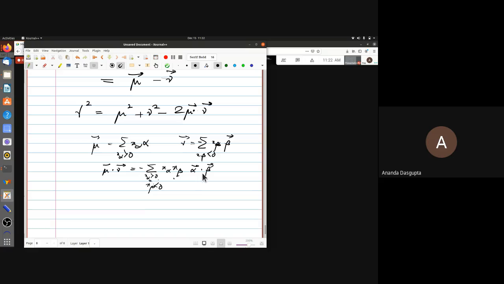So this is less than 0, because x alpha is positive and x beta is negative. Alpha dot beta is less than or equal to 0. So the product is greater than or equal to 0. There's a minus sign in front, right? So mu dot nu is less than or equal to 0.